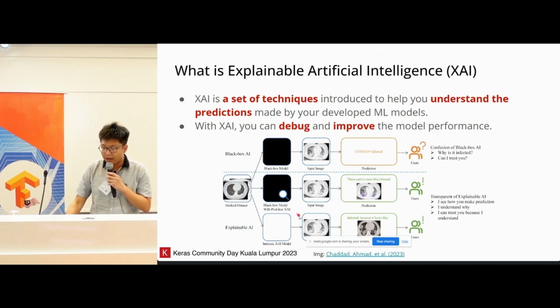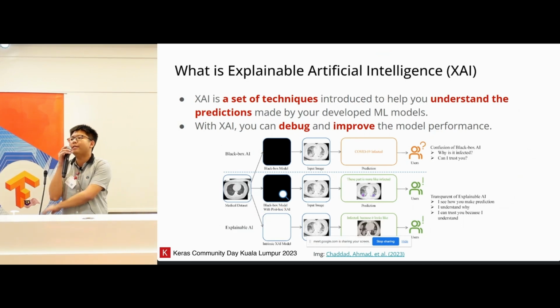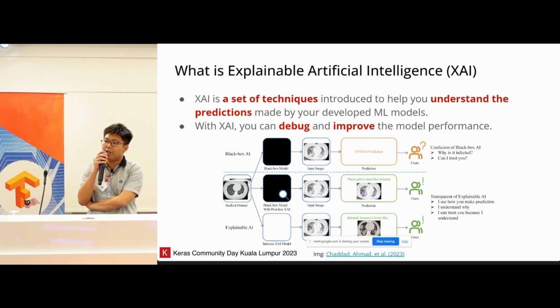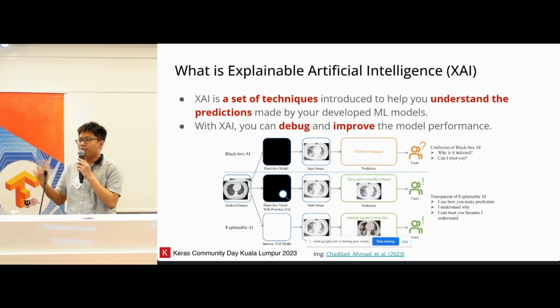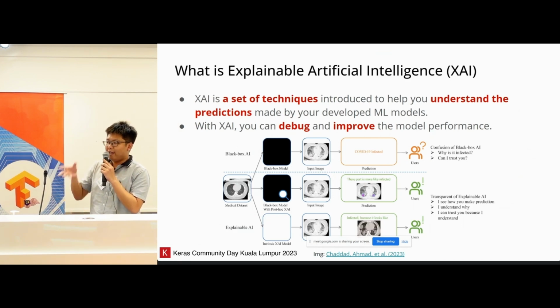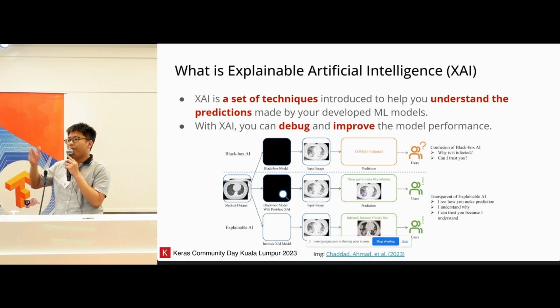And then there is something called intrinsic. Intrinsic means that there is an explainability capability inside the model, for example decision tree or linear regression. With a decision tree, the good thing is that you can form if-else rules. For example, if A happens, then B is 1.